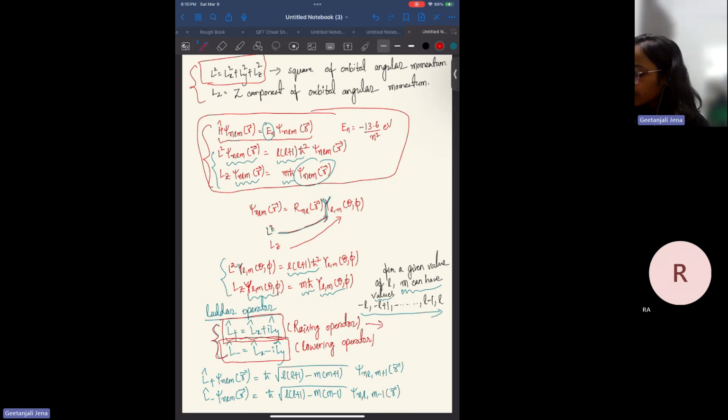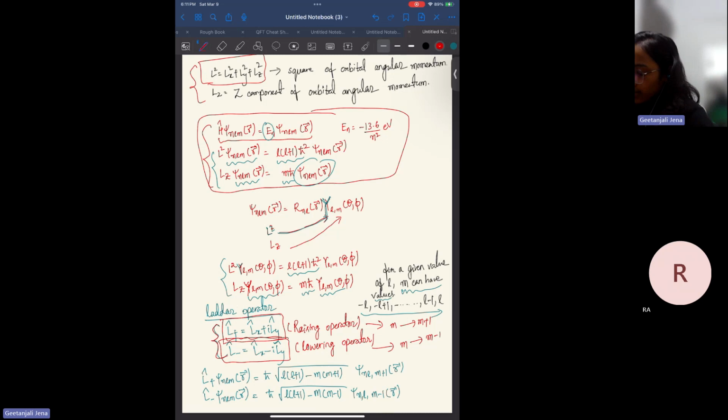The raising operator takes one state m and changes it to m plus 1. Similarly, the lowering operator, when it acts on a state, changes its magnetic quantum number. Let's say we have a state with magnetic quantum number m. Then when the lowering operator acts on it, it gets changed to m minus 1.